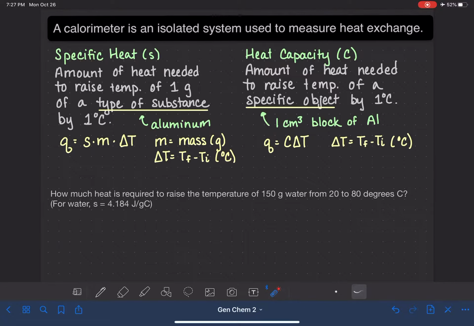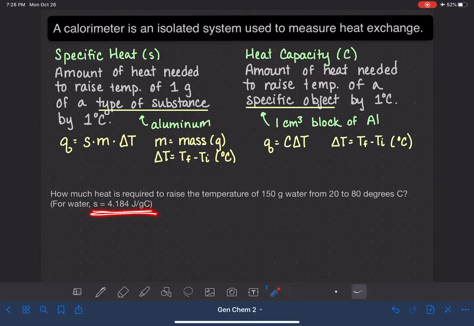Before we jump into learning about how to use the data obtained by a calorimeter, let's just do one practice problem here, calculating how much heat is required to raise the temperature of 150 grams of water from 20 to 80 degrees Celsius. And it's giving us the value of the specific heat for water.